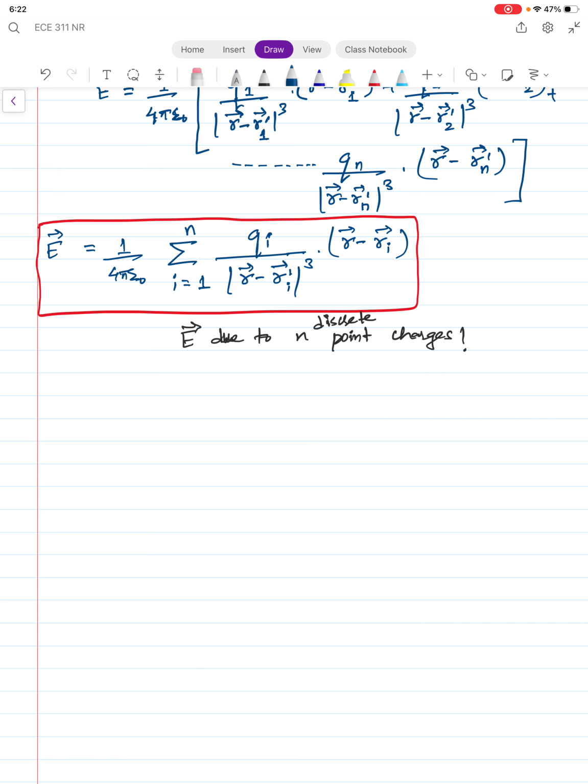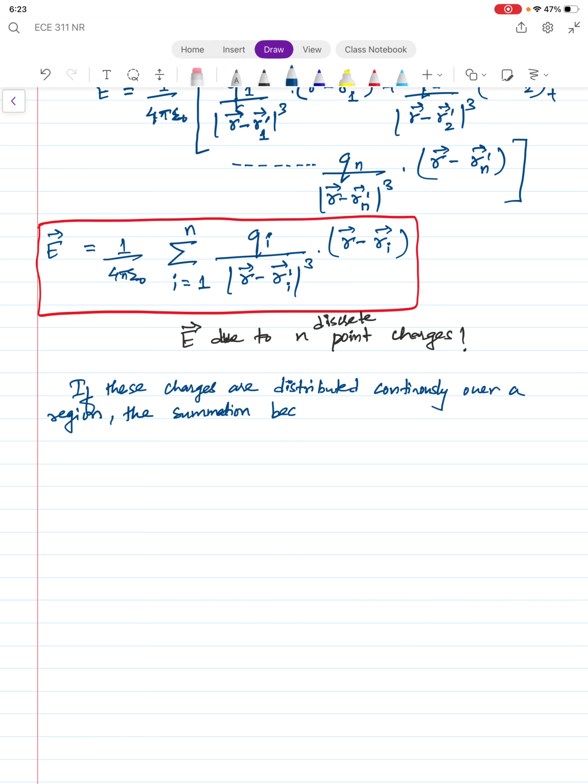All right, so now if our charges are distributed continuously over some region, the summation becomes an integral.